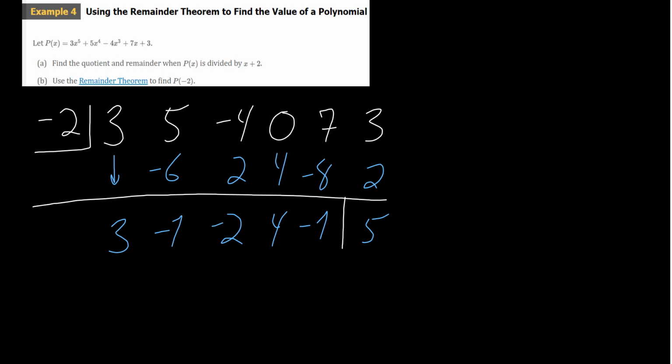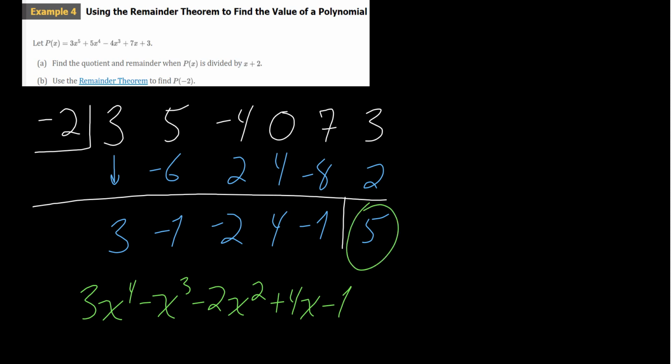So the quotient here, again, it's a 5th degree polynomial, so the quotient will be 3x to the 4th, one less, minus x cubed minus 2x squared plus 4x minus 1, okay? And the remainder is going to be 5. That's the remainder, okay?